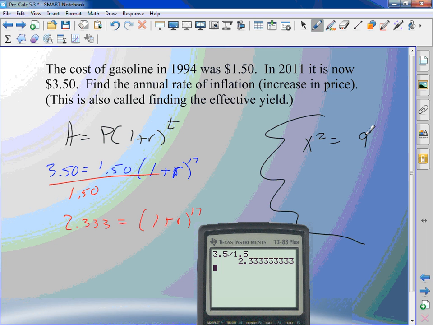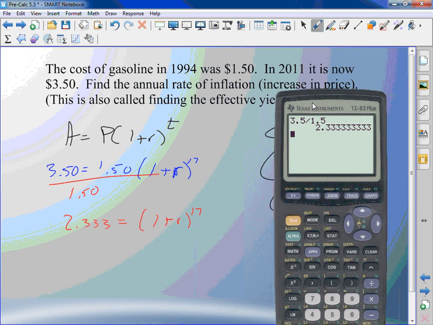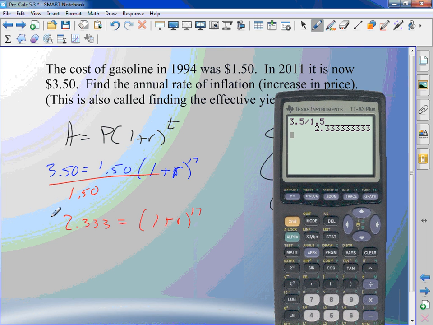Take the square root to get rid of the square. If this was x cubed and this was 8, I take the cube root. What do I do for this problem now? I take the 17th root to get rid of something to the 17th power.